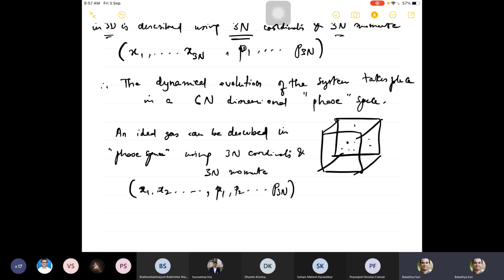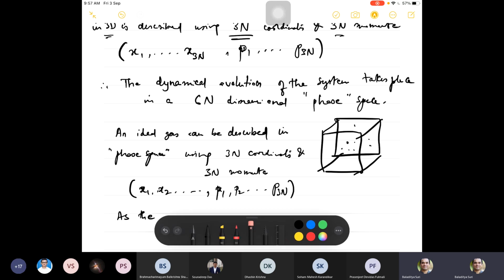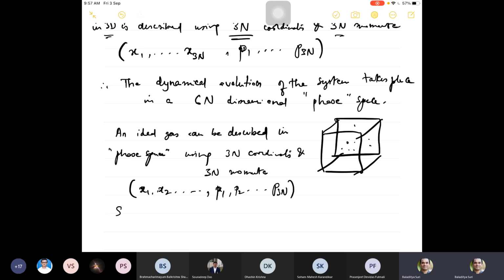A point in 6n dimensional space. Such a description using x's and p's is called a microstate.